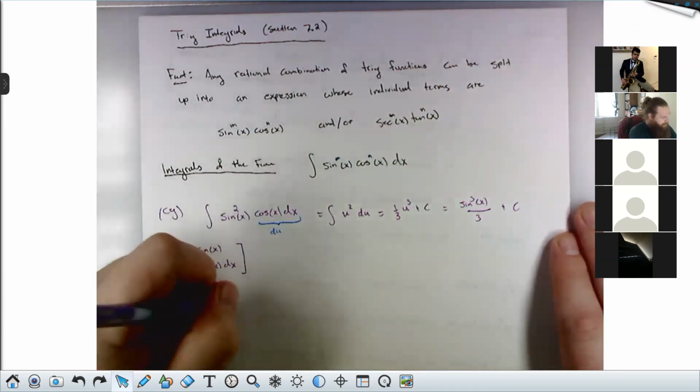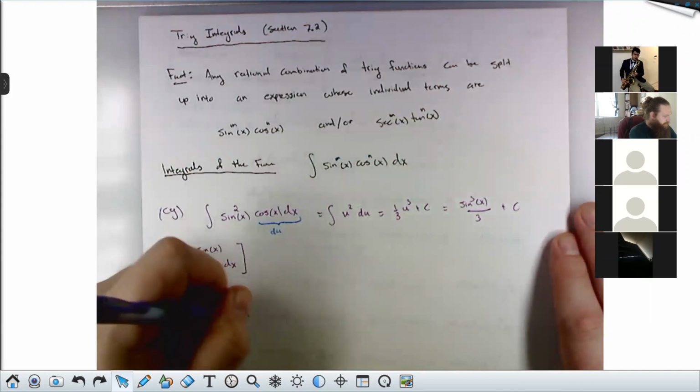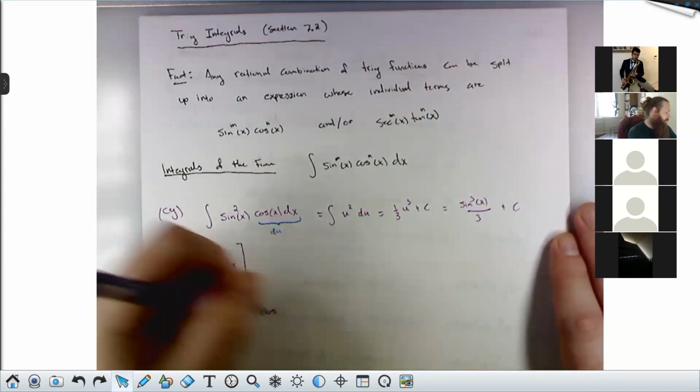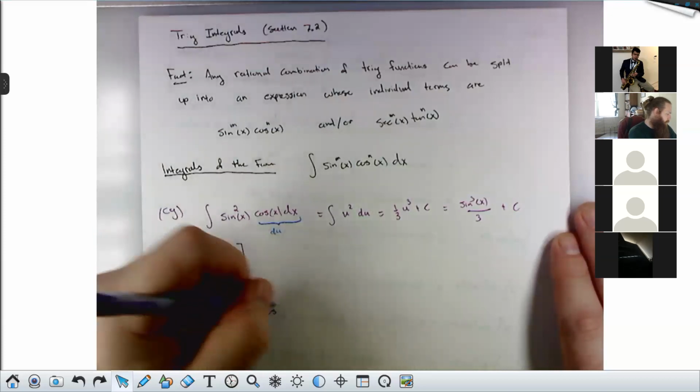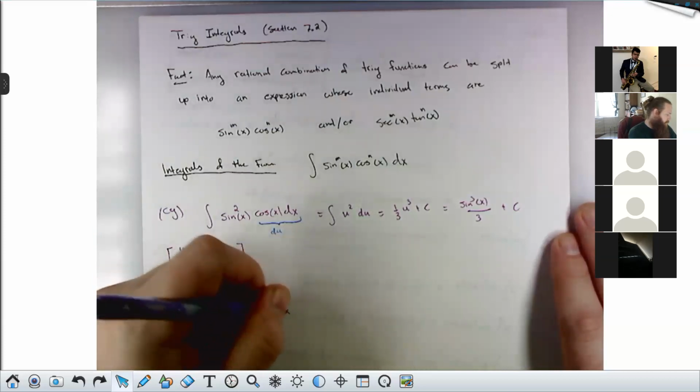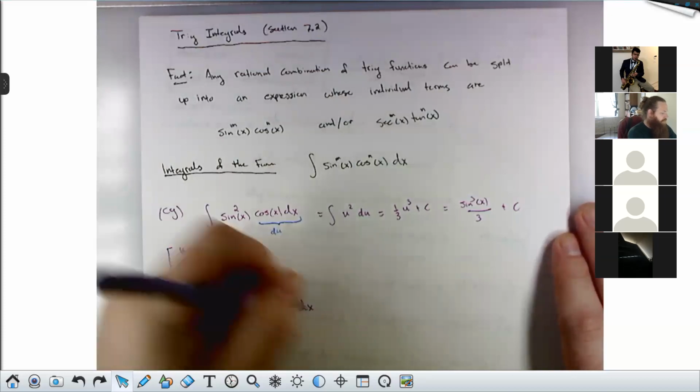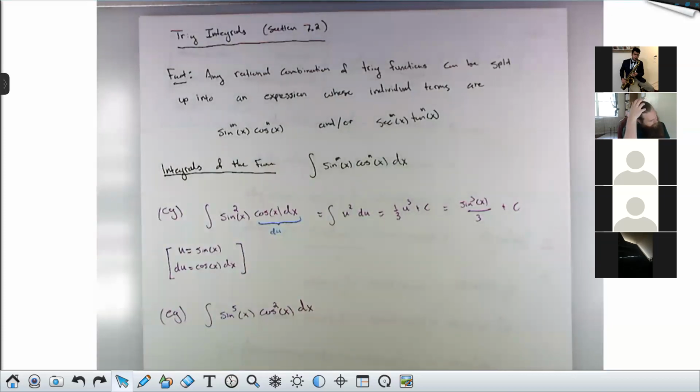So let me look at something like sine to the 5th x times, I don't know, cos squared x dx. As these powers get larger, things look more and more intimidating.